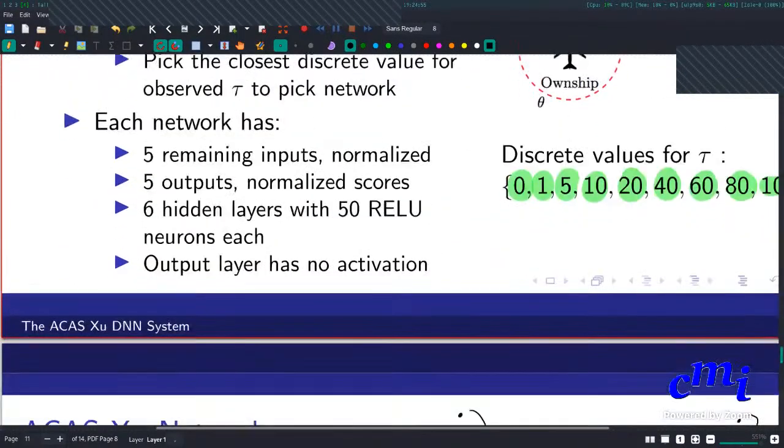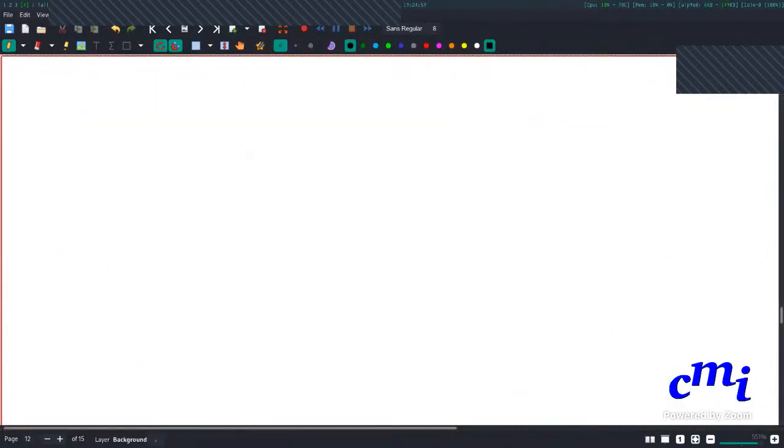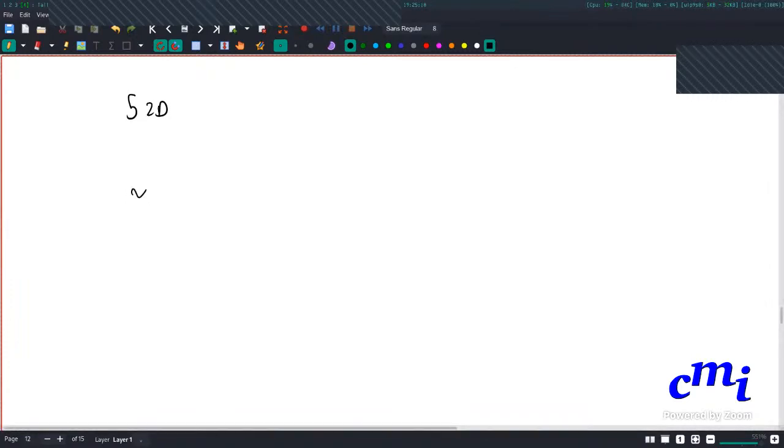So a flowchart diagram would be something like this. You have your 5 2D inputs, and then you have tau and aprev.